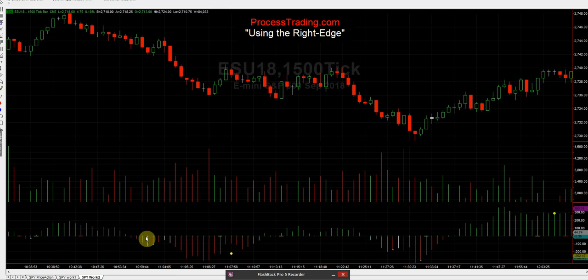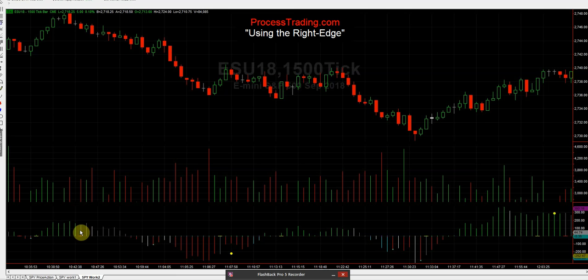this configuration within this indicator. Let's see what that would tell us as opposed to looking at just traditional price bars. In this indicator, the green represents demand or buyers. The red indicates supply or sellers.